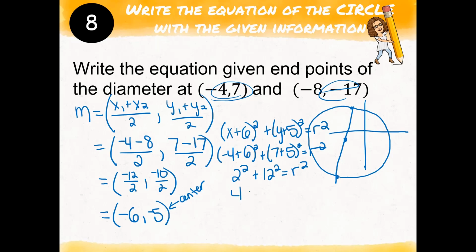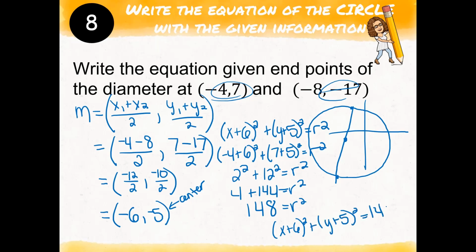That would be 4 plus 144. I know, kind of running out of room, right? 148 is what we're getting for that. Final answer, because we got to write it all out. 148. Done.